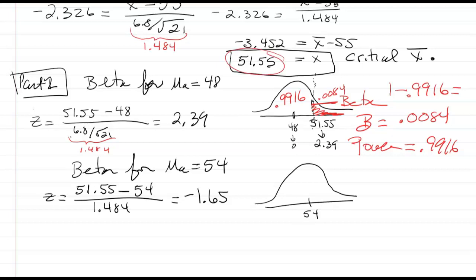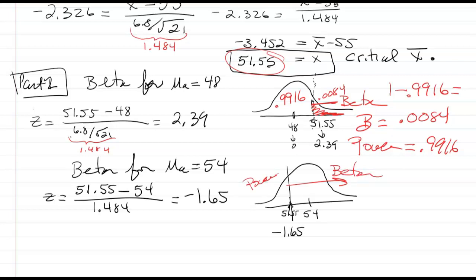I don't know why I put a 5 there. So this is where our critical X bar is. And when we standardize it, I get negative 1.65. But it's still the same type of problem. This direction is beta. Power's on the other side.